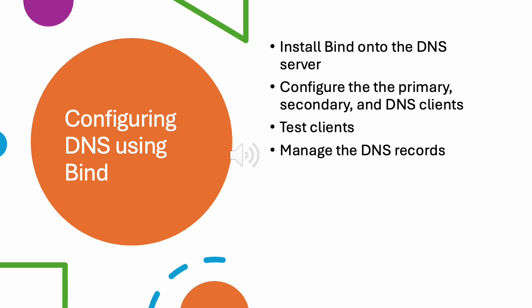For Linux-based systems, Bind is a widely used DNS server that provides robust domain resolution services. The configuration process includes, first, installing Bind. Use package managers to install Bind on the DNS server. Second, configure primary and secondary DNS zones. Set up authoritative zones to maintain domain records and define backup name servers.